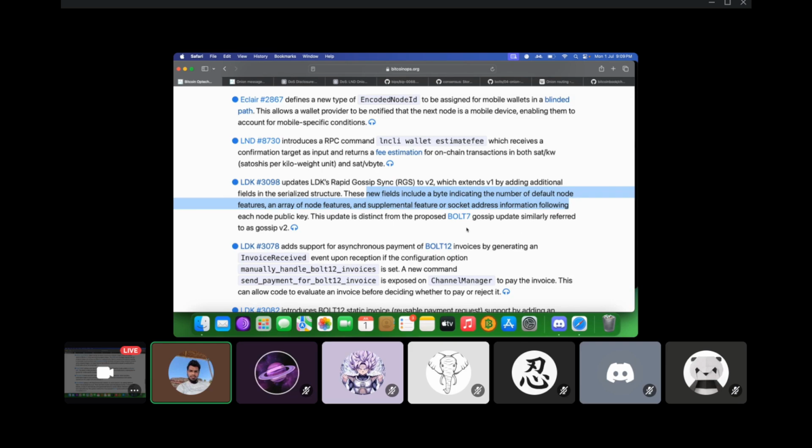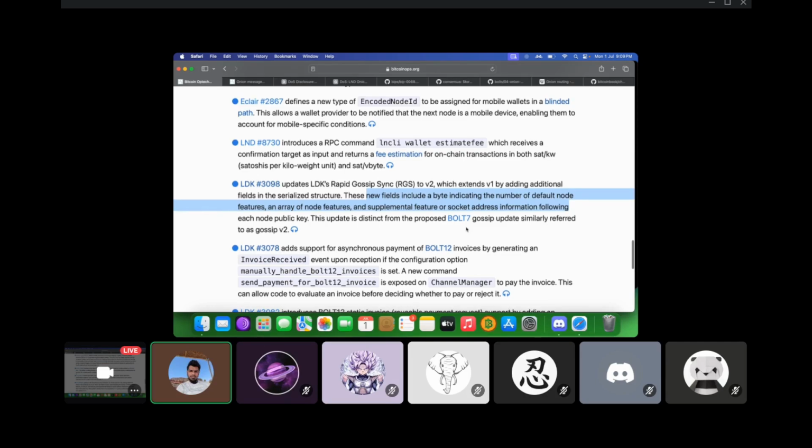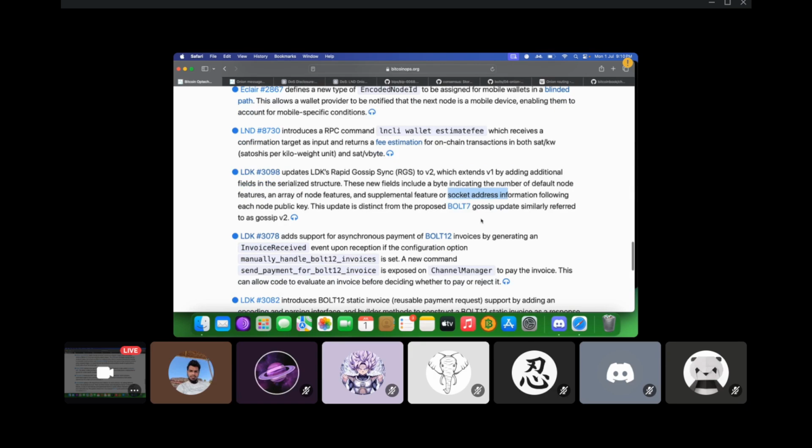Because if you know what Bolt 12 or LN offers are on the Lightning network, the recipient and the sender need to establish a direct connection with each other in certain situations. So you need to know the public ID or the socket address of the node to whom you are paying the money. That was not available using Rapid Gossip Sync because it was not sharing the socket address, but now it's been updated and the socket address is also being shared. This is what this PR talks about.